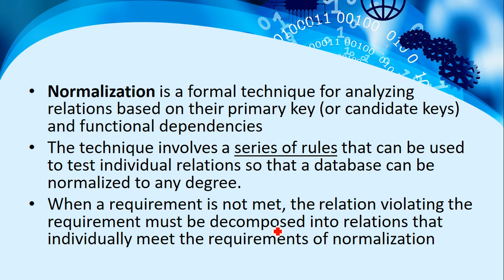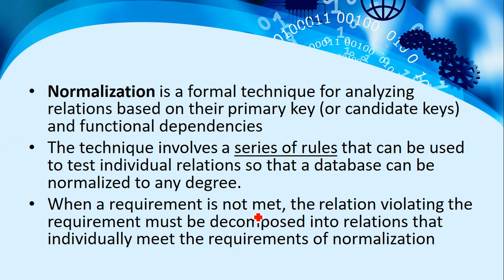So yun nga, yun ang nangyari sa pinaka first example, di ba? Yung pinaka first natin na table na divide siya into two tables. So that yun yung ibig sabihin nito, decomposed.